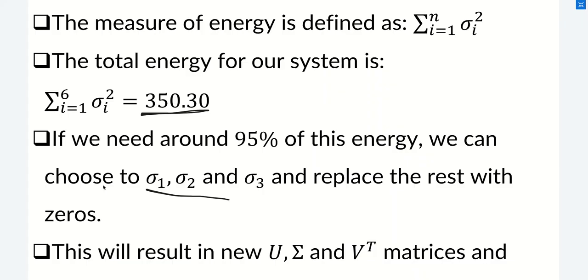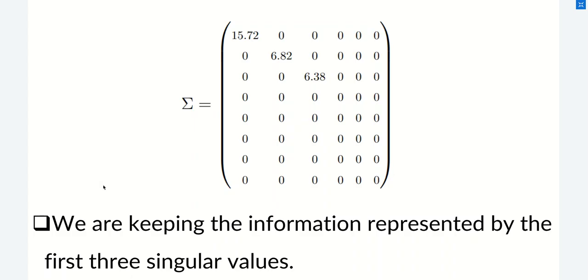So when that happens, what is going to be the value for U? What is going to be the value for V? What is going to be the value of V transpose? This is our new value. The rest all goes to zero. So we are approximating our matrix to these three values because they have the highest variance, the highest spread.